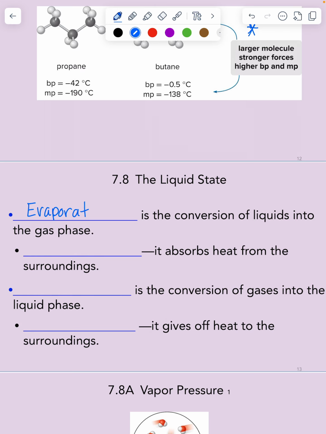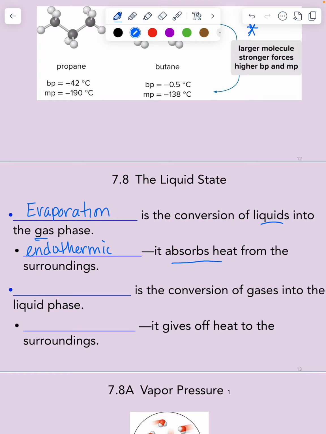And this is an endothermic process, which means that it absorbs heat. So if we want to turn a liquid into a gas, we have to add heat to that liquid to break the intermolecular attractive forces so that it can turn into a gas. So it will absorb heat from its surroundings.